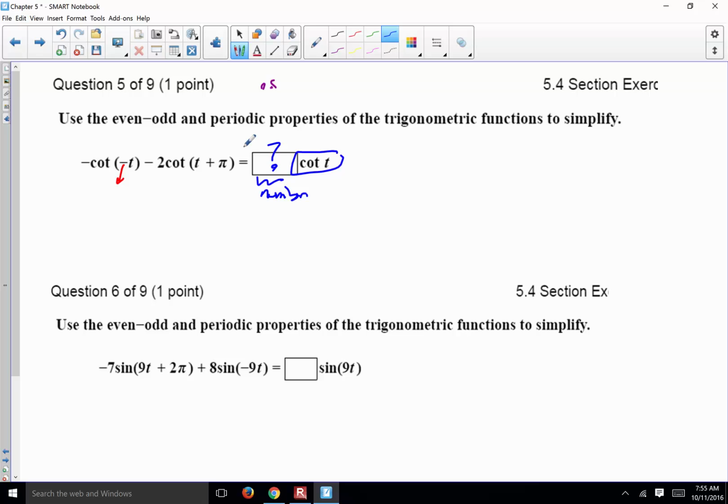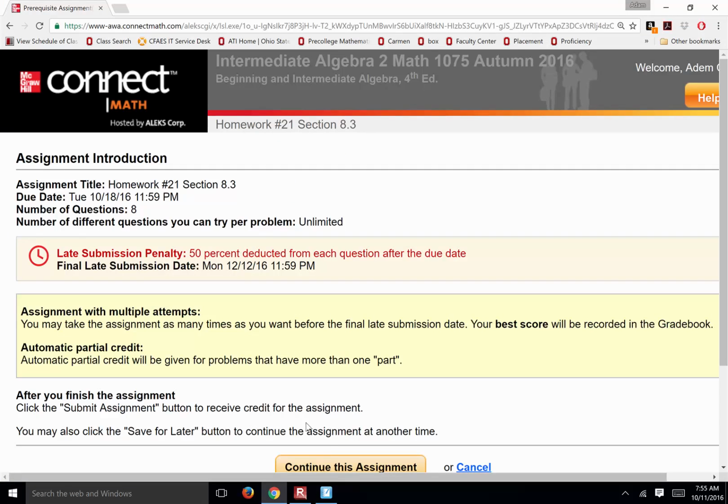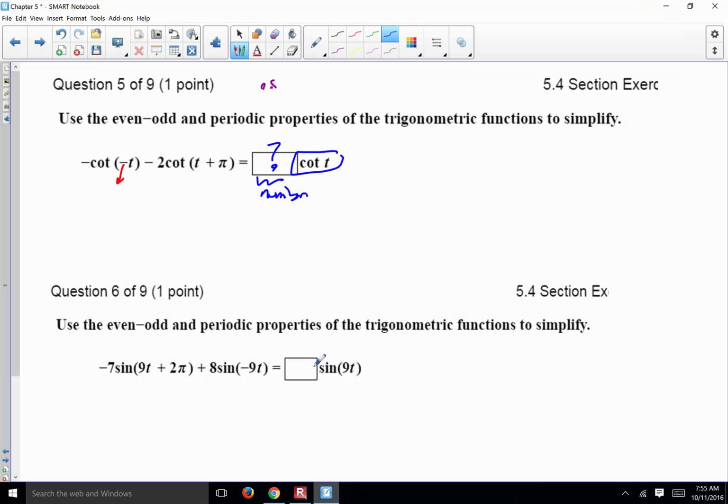What number did you get? Come on, anyone?